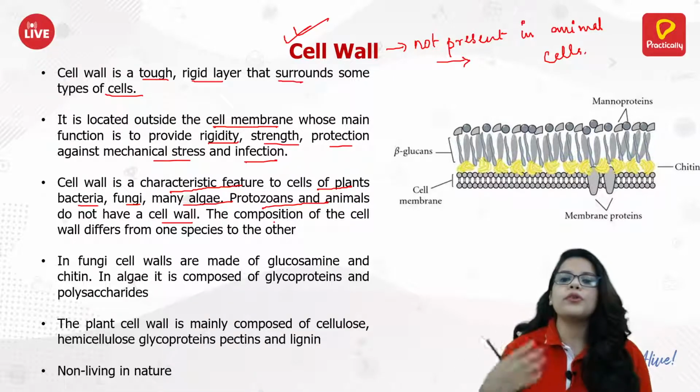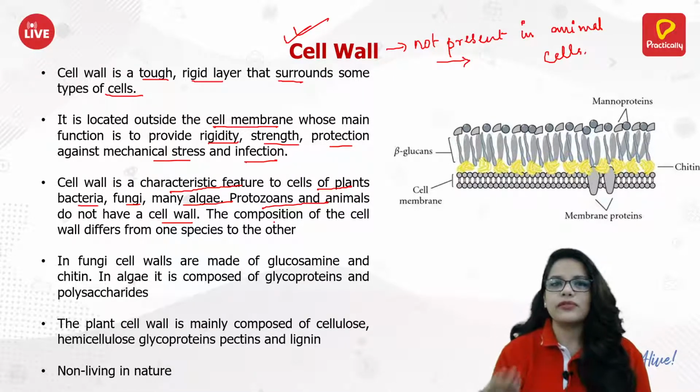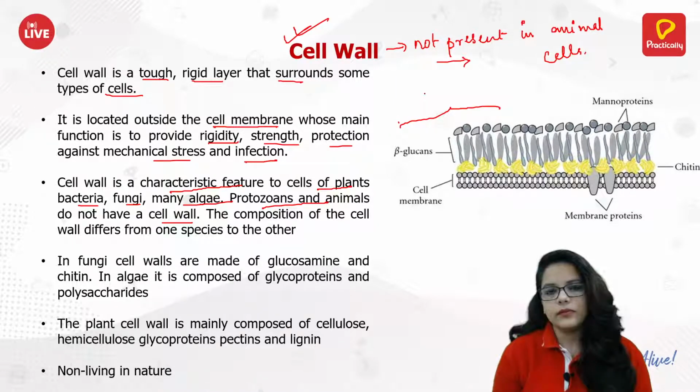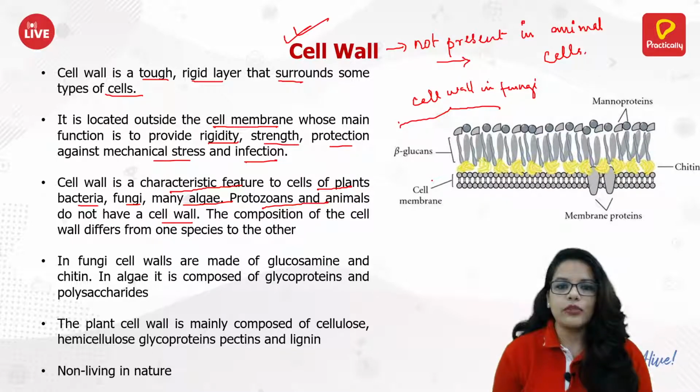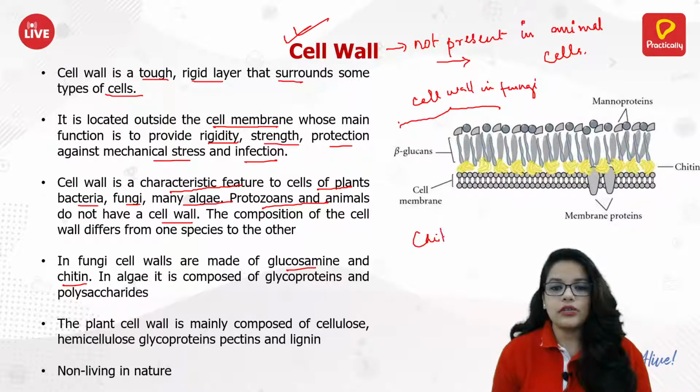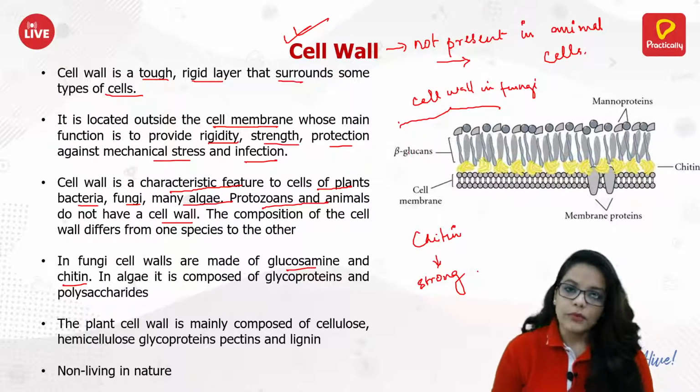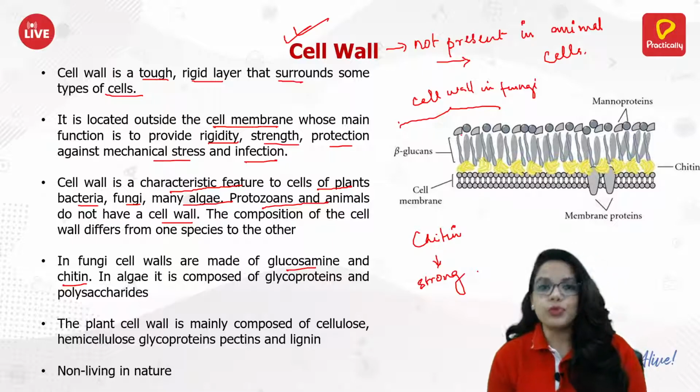The composition of the cell wall is a bit different in different organisms. In fungi, the cell wall is basically made up of glucosamine and chitin. Chitin is a very strong material. Apart from that, they have carbohydrate products and proteins also.